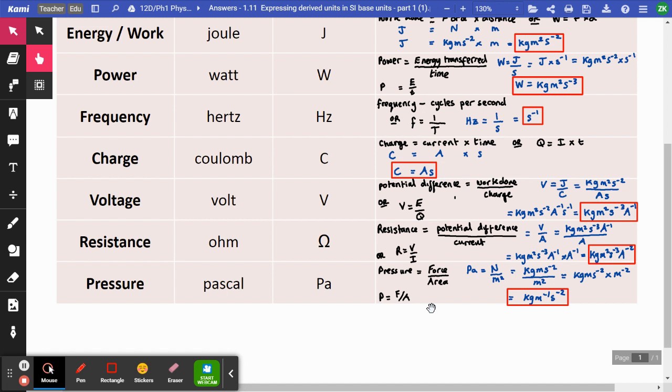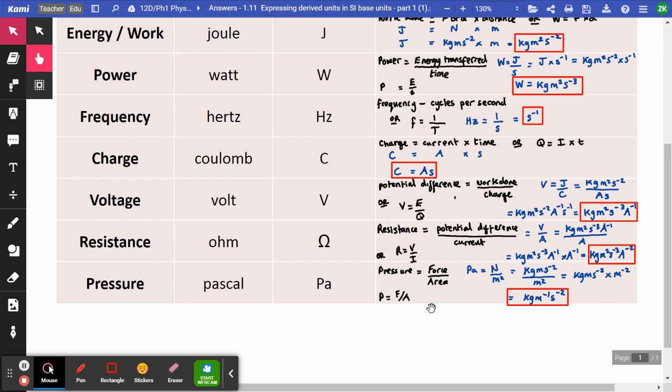And then we bring it all together, so because it's amps at the bottom, that becomes amps to the minus 1 here. So that's kilograms meters squared seconds to the minus 3, amps to the minus 1 times by amps to the minus 1. So bring that together, add the powers, and that ends up as minus 2. So kilograms meters squared seconds to the minus 3, A to the minus 2.